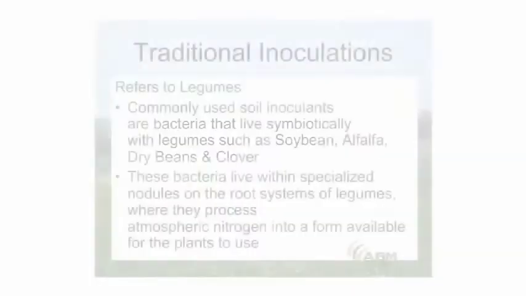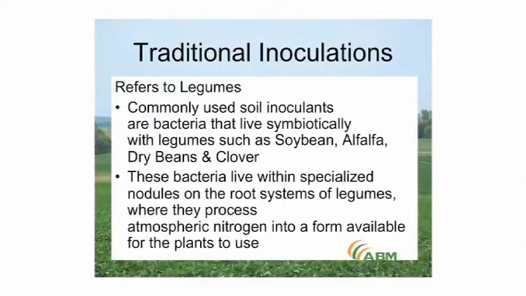Traditional inoculants, in the sense that we're using them on a legume, refers to soybeans, alfalfa, dry beans, clovers. This was where we would think of traditional inoculant use. Inoculants with these type of organisms, these type of plants, are actually taking nitrogen out of the air and giving it to the plant, and in turn the plant is giving the bacteria a place to live.